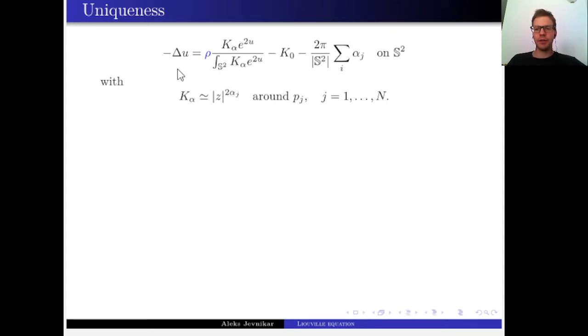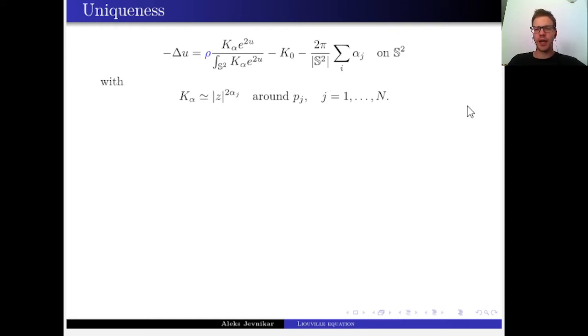So I recall you have the Laplacian and then a nonlinearity of exponential type, which is in mean field form, so you divide by the total integral and you put a real parameter rho here, and then you have some extra terms which do not play much role.